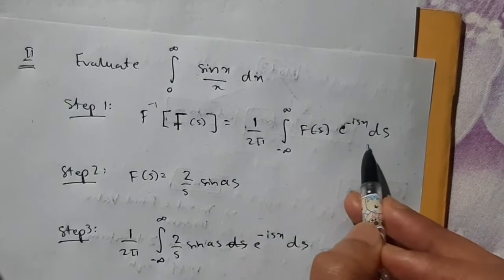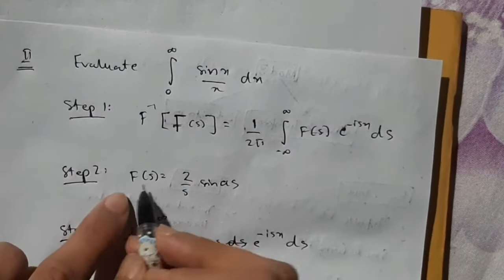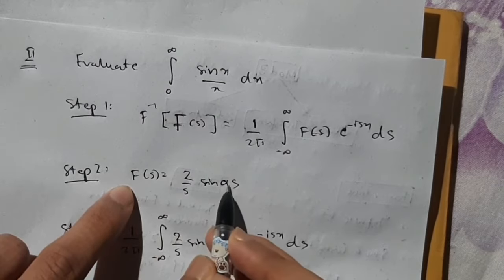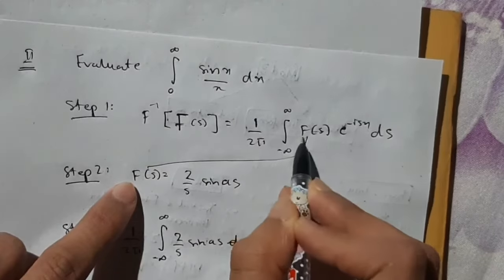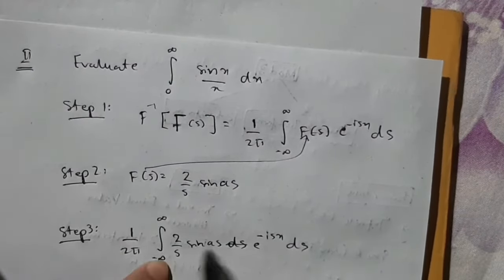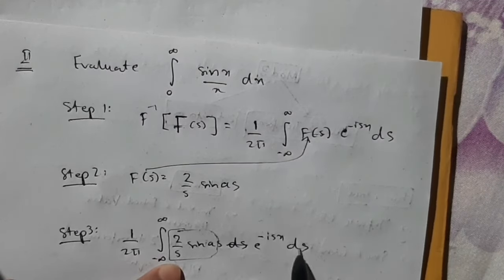For Fourier, you write dx for the normal one. Then step 2: from the previous answer, F of s is 2 by s sin as, that you write first. Then you substitute this F of s in this formula. When you substitute, you get 1 by 2 pi, this one thing, into e power minus isx ds, the same thing here.